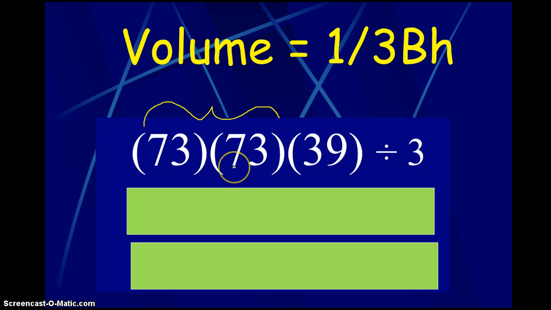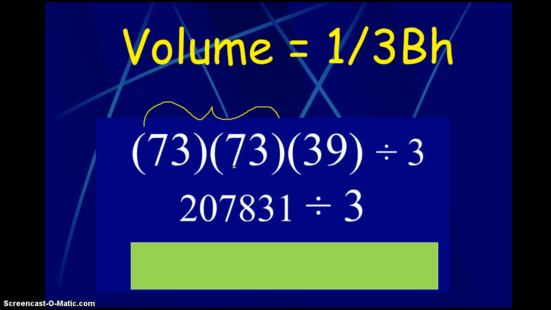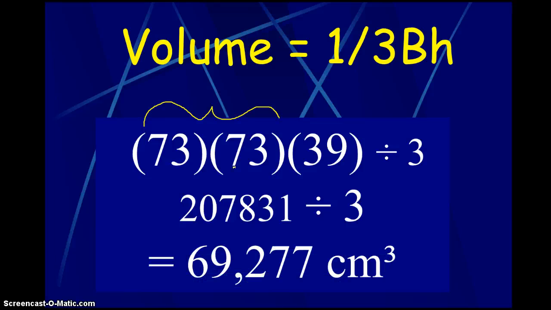Then you're going to multiply that product by the height, which is 39. When you do that, you should have gotten 207,831. Take that product and divide it by 3, because we need to take 1/3 of that product. When you do that, you should have gotten an answer of 69,277 centimeters cubed. And that's all there is to finding the volume.